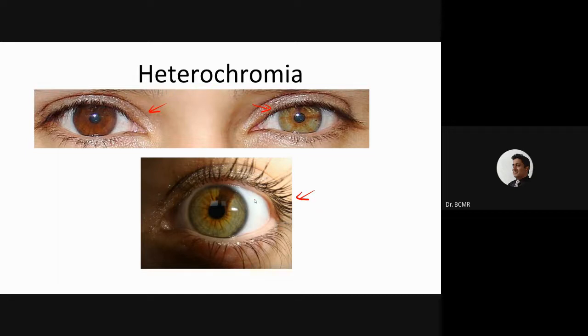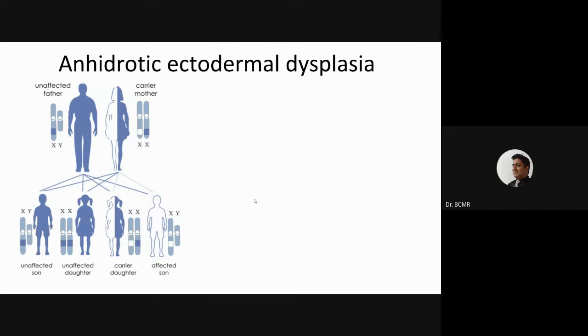There is also a condition called anhidrotic ectodermal dysplasia, where a gene for the sweat gland-producing enzyme is present on the X chromosome. Some of them have a mutation.